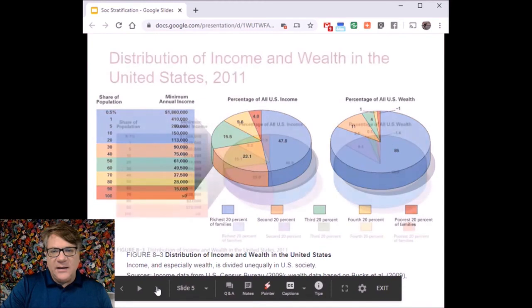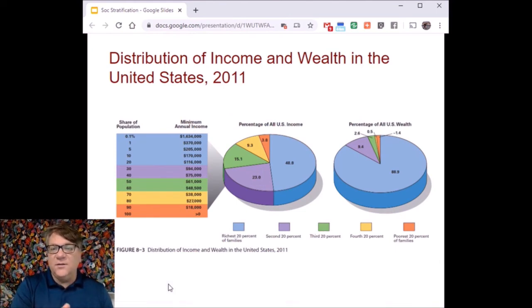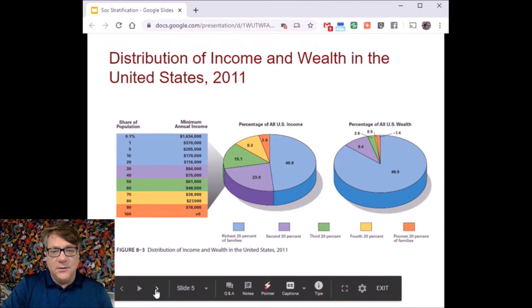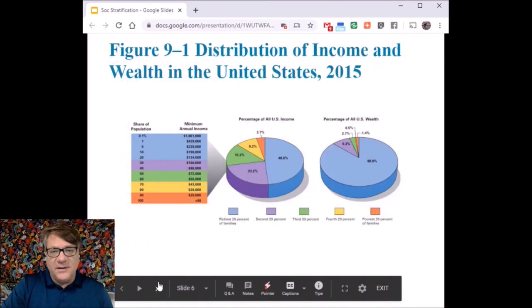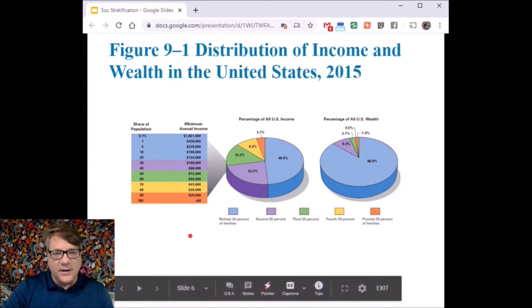What I'm trying to illustrate to you is that you have to look at data over time. And also illustrating to you that this inequality of income and wealth is not new. This has been around for quite some time. And then here's the most recent data that's in your textbook. It's kind of hard to see on this chart, and I apologize for that, but look in your textbook, right?